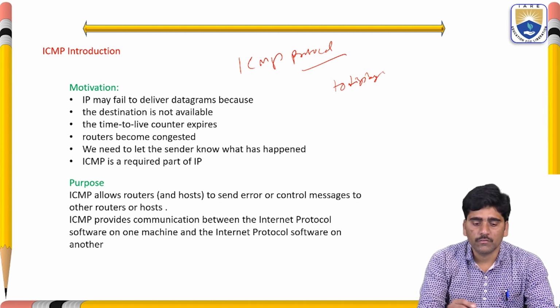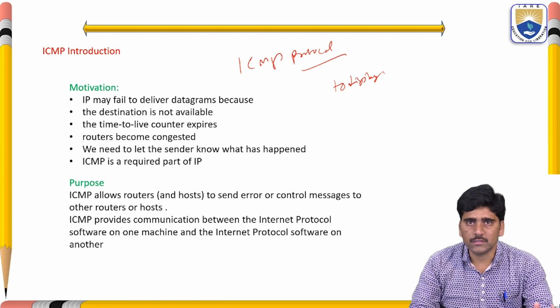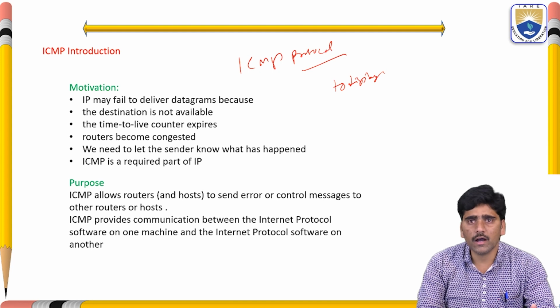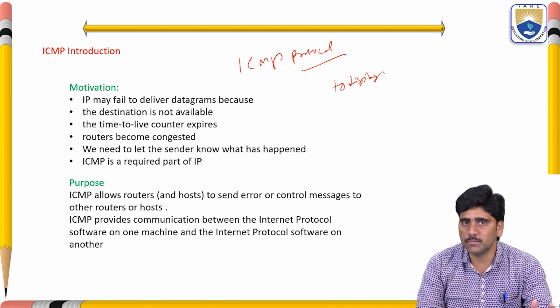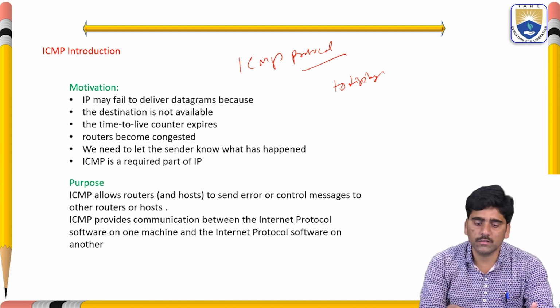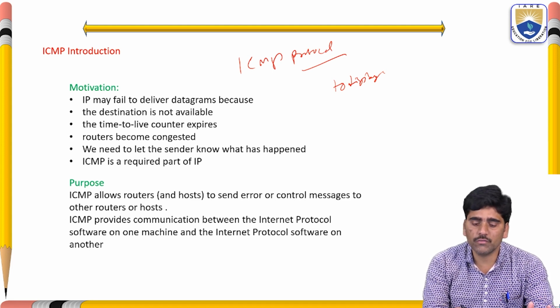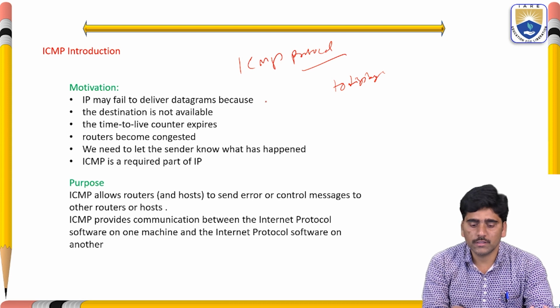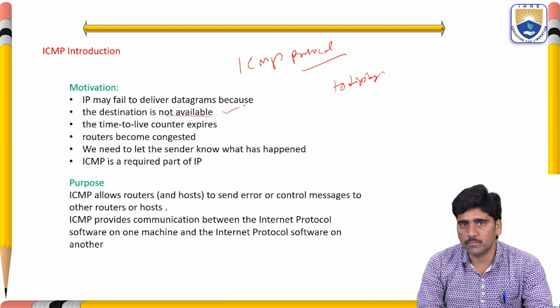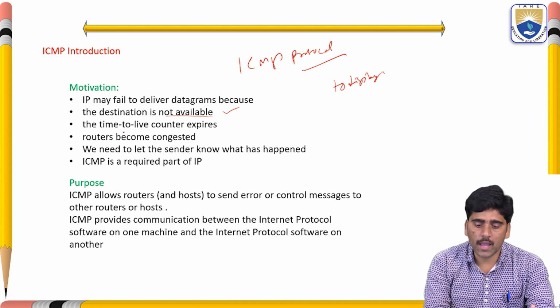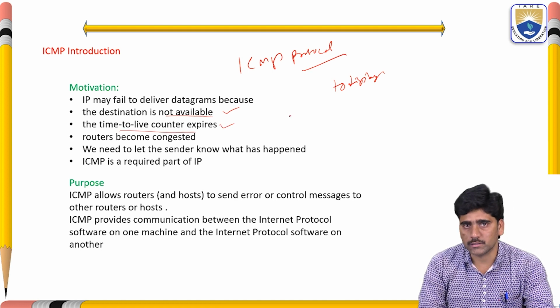So why are we going to use the ICMP protocol in the networking environment? IP is nothing but Internet Protocol, which may fail to deliver datagrams because the destination is not available, and the time to live counter expires.